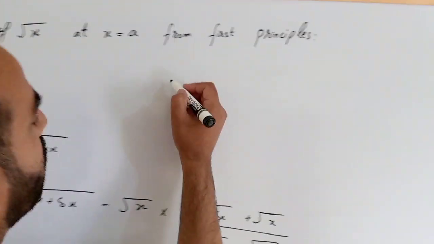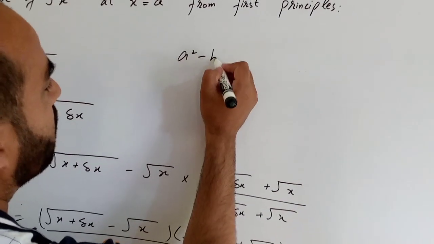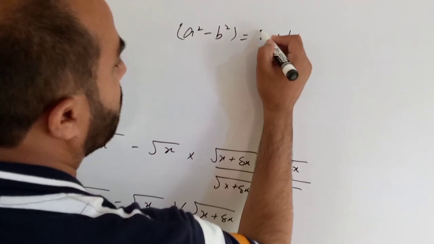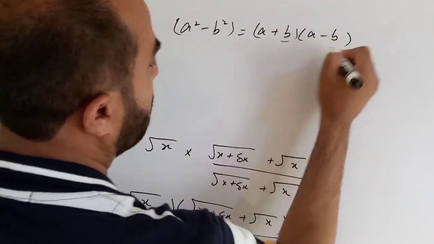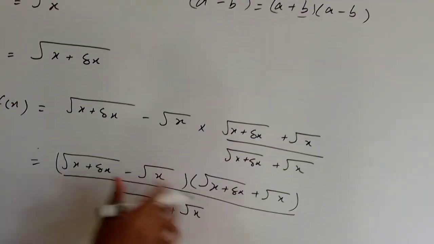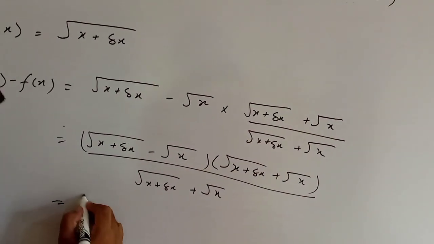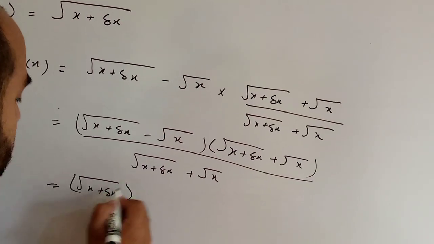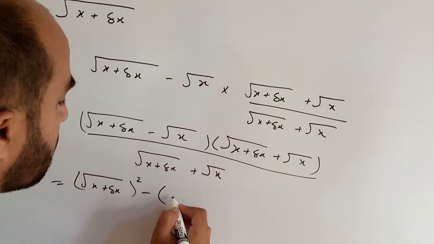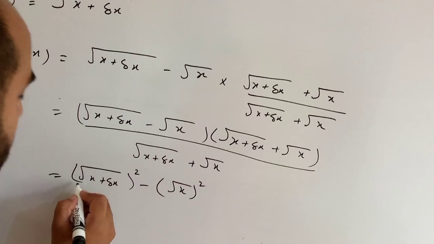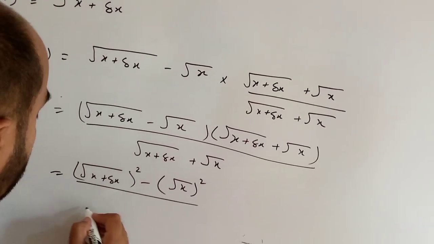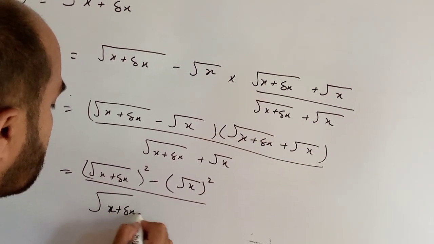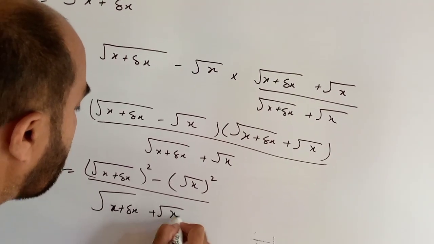You can see the formula a square minus b square equals a plus b into a minus b. So we can apply this formula in this way: square root of x plus delta x whole square minus square root x whole square, divided by square root of x plus delta x plus square root x.